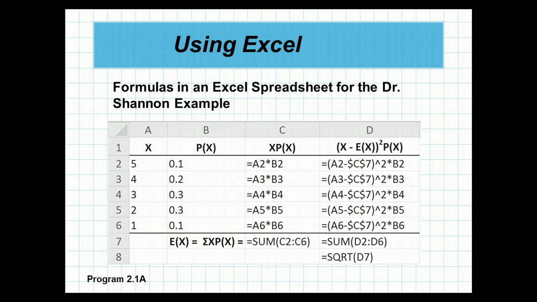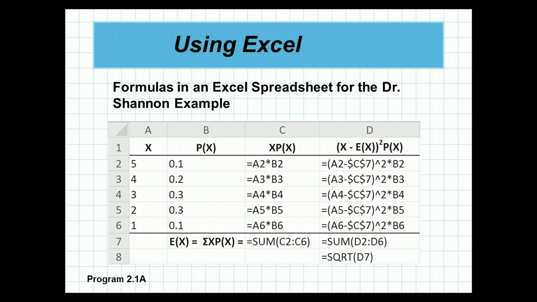So here's what that will basically look like in Excel. P is the probability and X is the outcome. So we see X is 5 on line 2. The probability of that occurring is 10%, or 0.1. So in column C, we're multiplying the outcome times the probability.